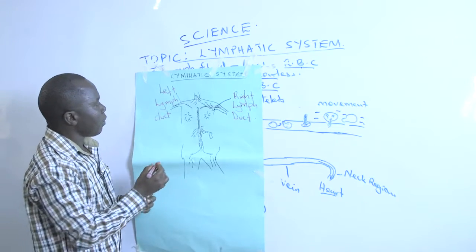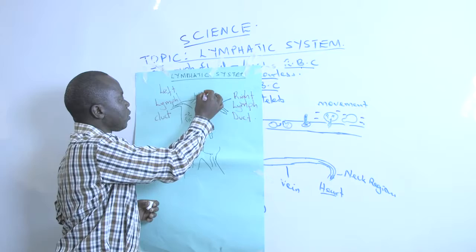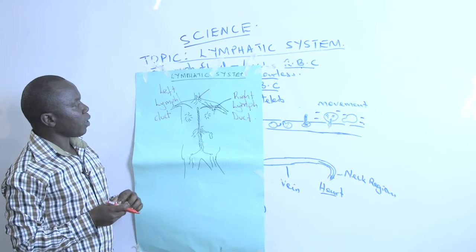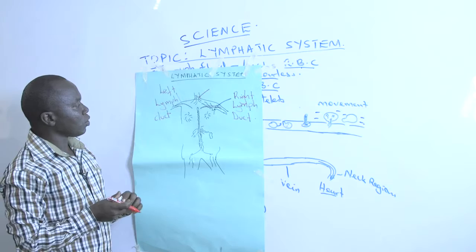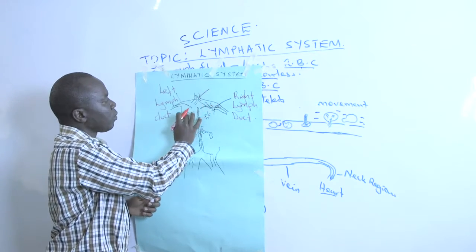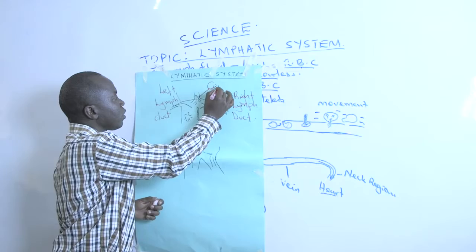We have other parts of the lymphatic system. The third one, we have glands and then nodes. We have three types of nodes. In the neck region, we have what you call cervical.